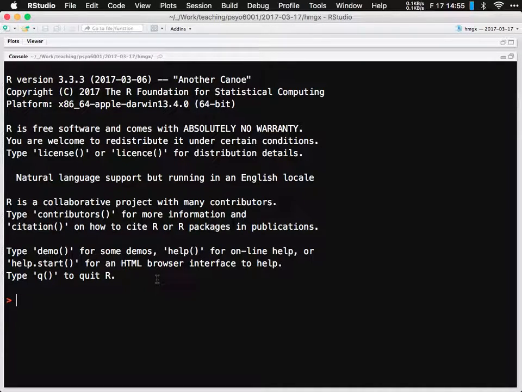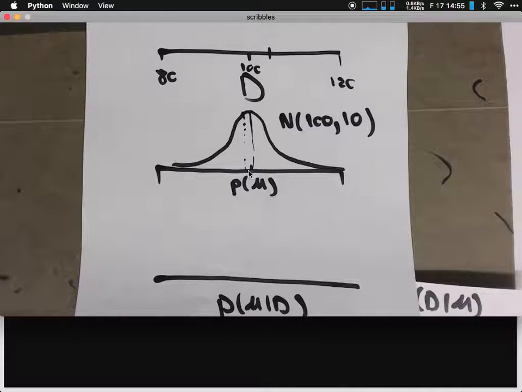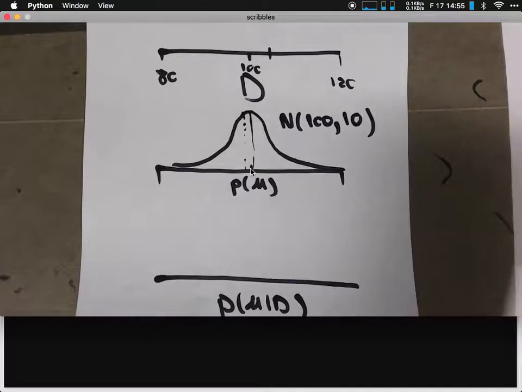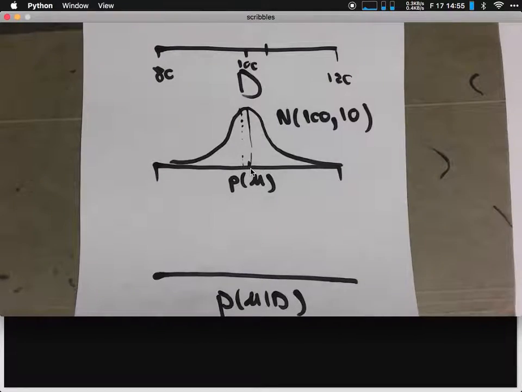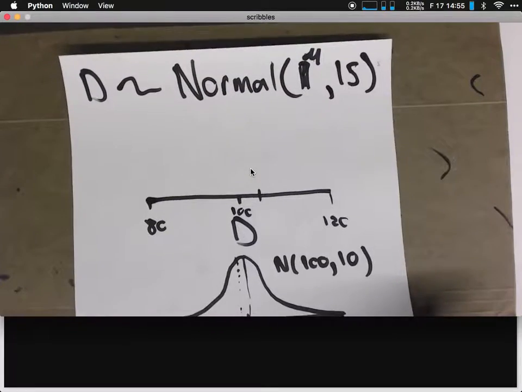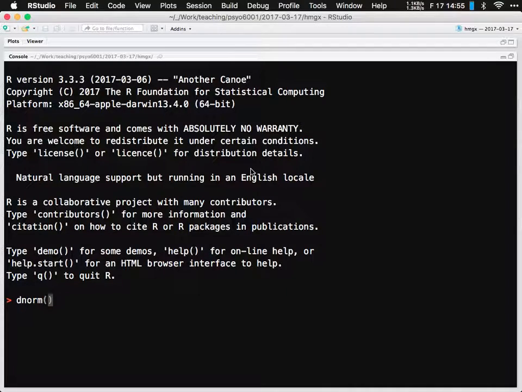So we can easily do that in R by doing dnorm. d gets the height of the density curve at a given point. So where's our graph? We want the height of the points when mu is 98, but the standard deviation is 15. So 98.